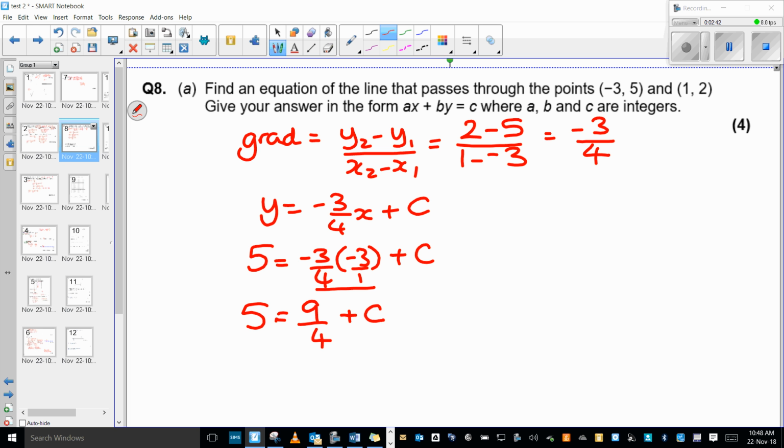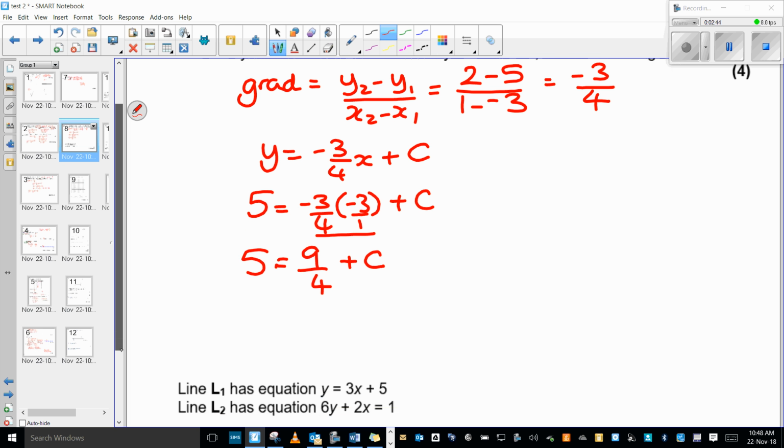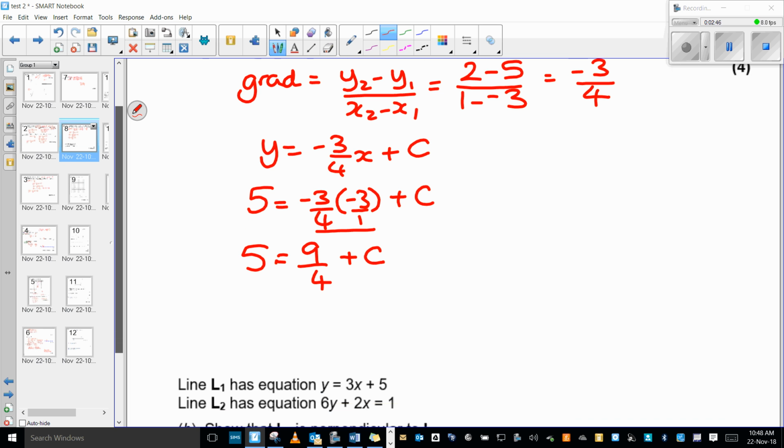Now, admittedly, these are not nice numbers, but you had your calculators. If this denominator is 4, I could change the 5 to have a denominator of 4. At the moment it has a denominator of 1, so I could multiply both top and bottom by 4. Agreed? So this would be 20 over 4.